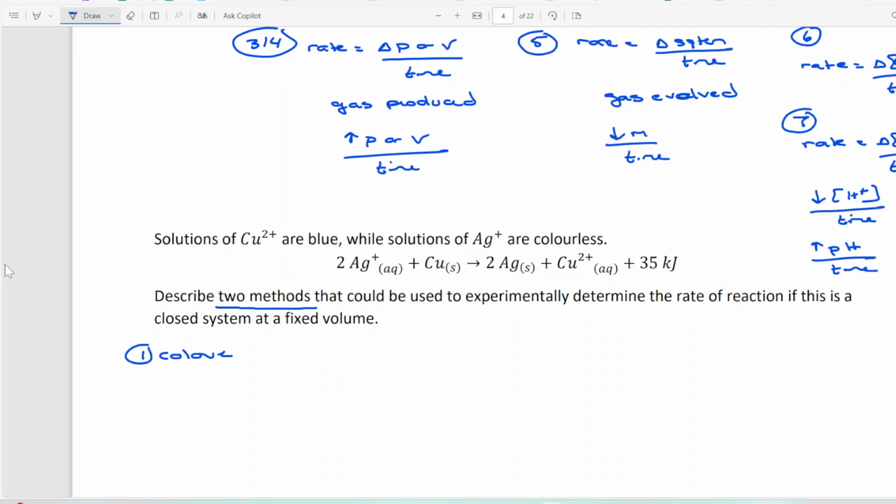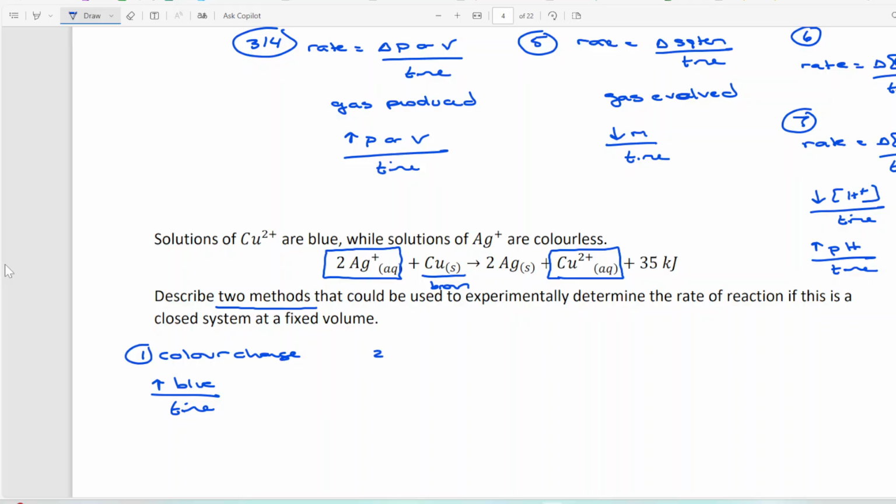Because we've got this copper ion that's going to be produced, and it's blue, whereas the silver ion solution is going to be colorless, and then this is probably going to be that brown color. You could use color change over time. So I would say something like an increase in blue over time.